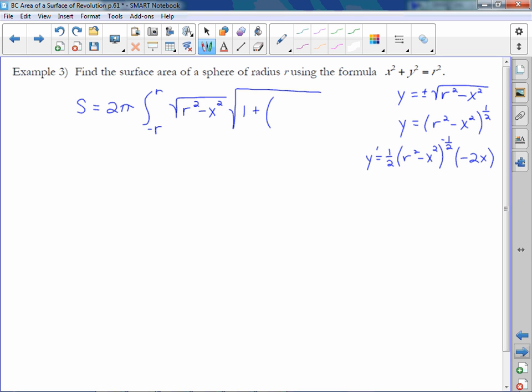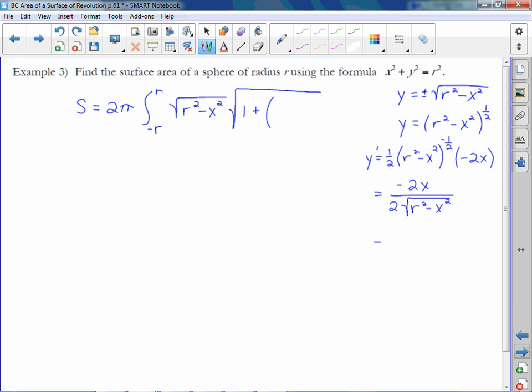All right, now I want to clean this up a bit. 2 is on the bottom because this is to the negative 1/2 power. That will be on the bottom as well. And the negative 2x will be on top in the numerator. So we've got negative 2x over 1/2 becomes 2. And then we've got the square root of r squared minus x squared.